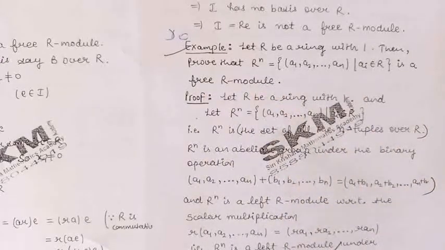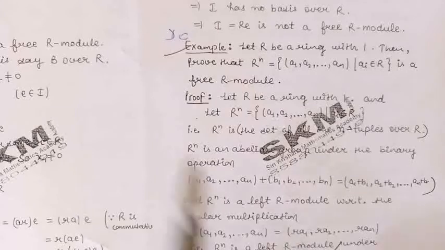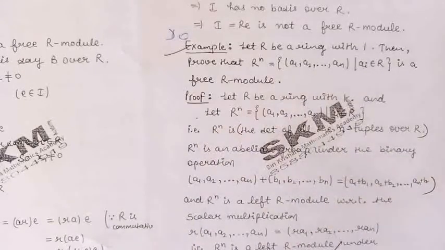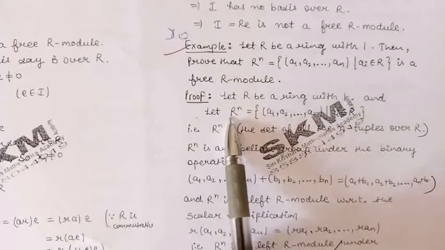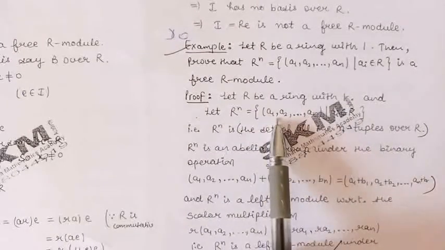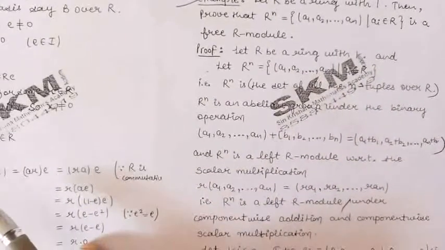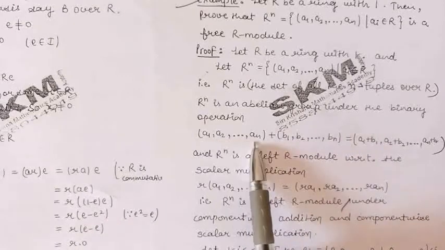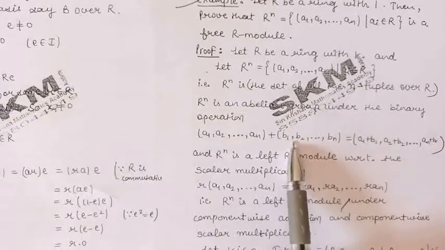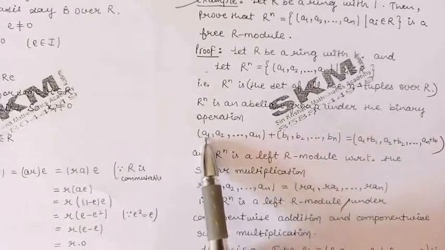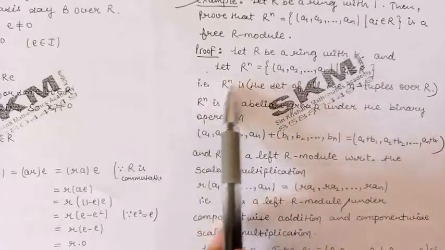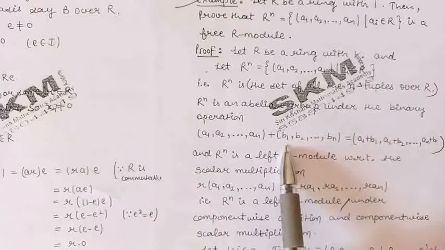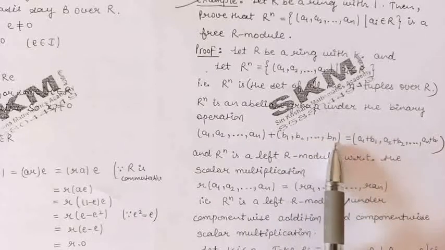Now, first of all, let us show that this Rn is an R module. Rn is a set of all the n tuples, and we define the vector addition by taking two n tuple elements. One we have taken as A1, A2, A3 up to An, and the second element of Rn we have taken as B1, B2, B3 up to Bn.